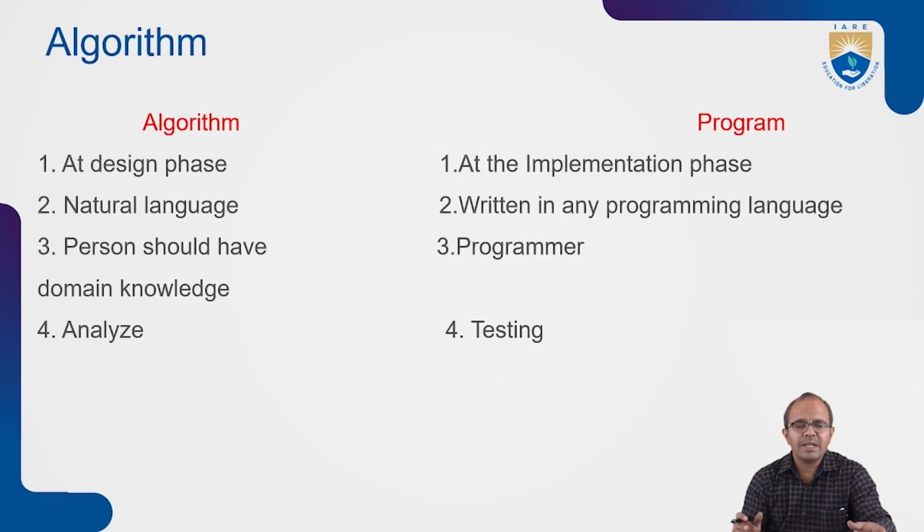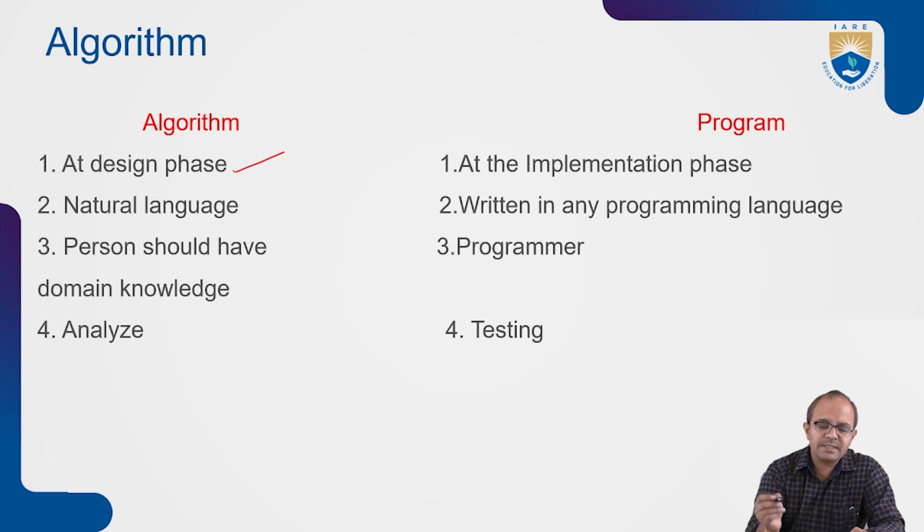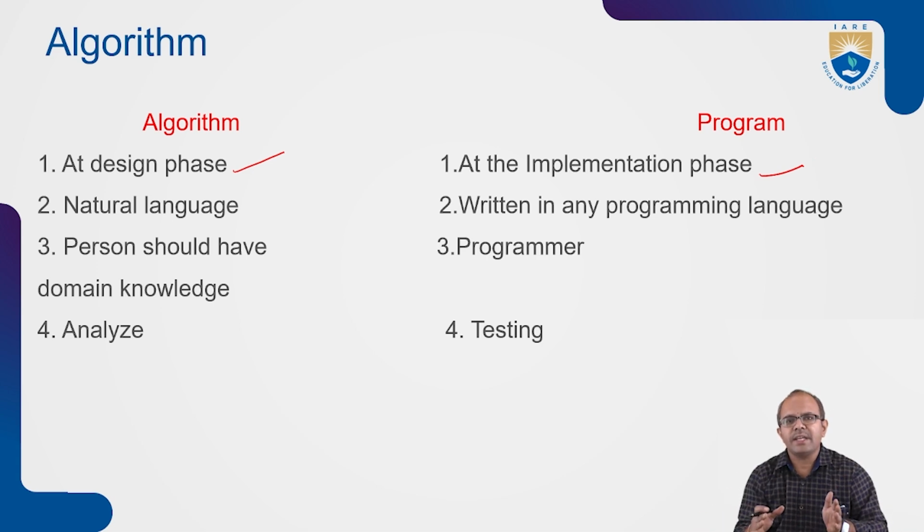Now let us have a quick review about the comparison between algorithm and program. What is an algorithm we have seen? See, algorithm is at the design phase and program is at the implementation phase. Once the design is ready, then we can go for the implementation.